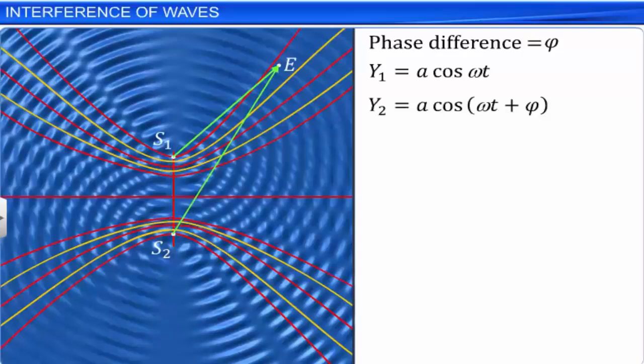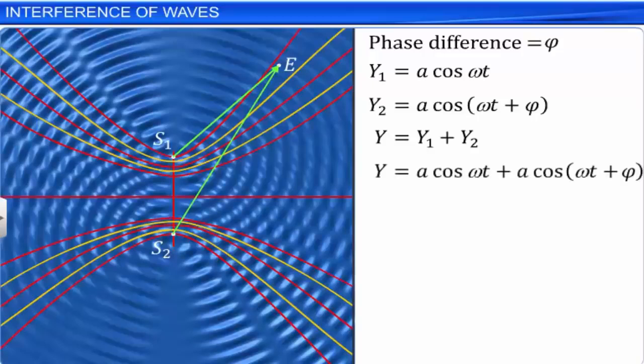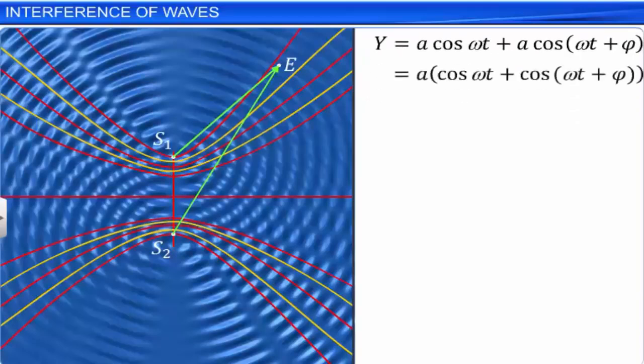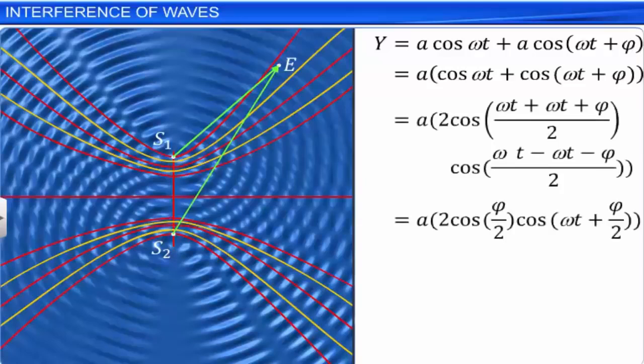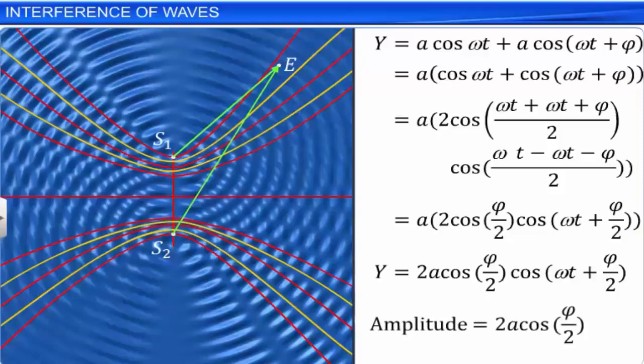The resultant displacement at E will be y is equal to y1 plus y2. Substitute the values of y1 and y2 in the above equation. And on further simplification, we get y is equal to 2a cos (phi by 2) into cos (omega t plus phi by 2). The amplitude of the resultant displacement is equal to 2a cos (phi by 2).